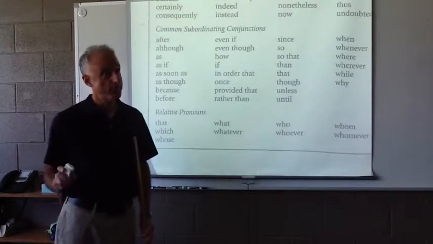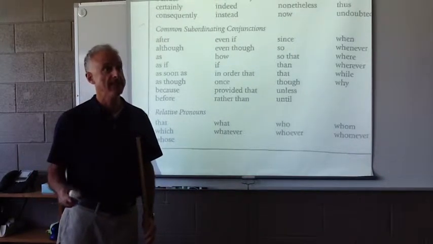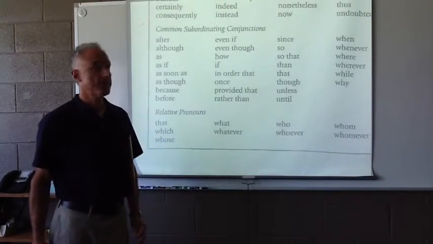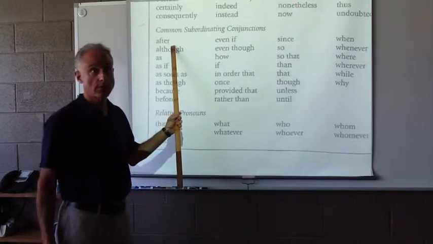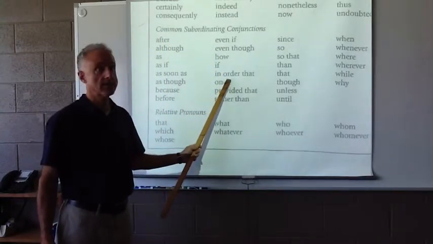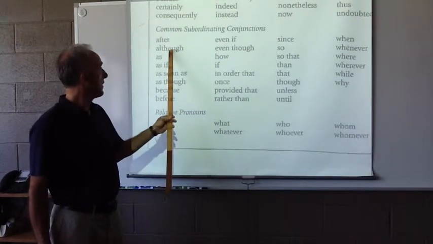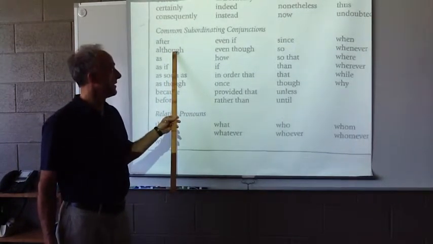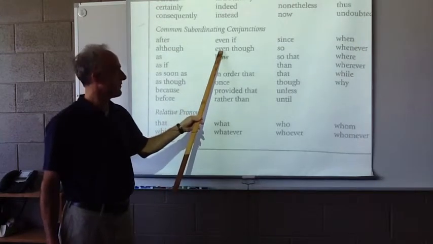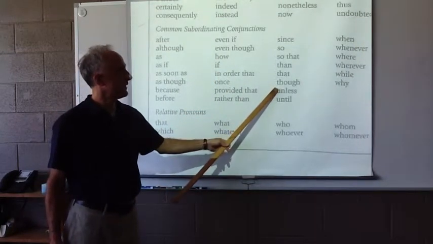So they're there for a reason. They have specific meanings inherent in them. So far we've talked about time, temporal meanings, cause-effect, and contrast. Although is contrast, even though, of course, is contrast, very similar, though.